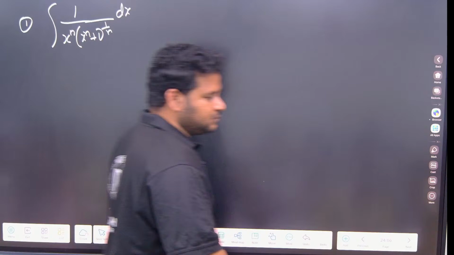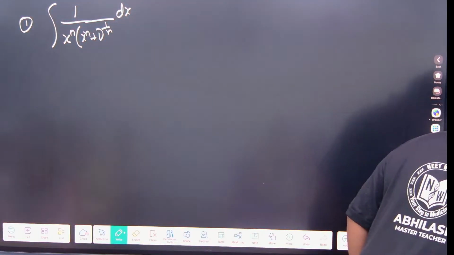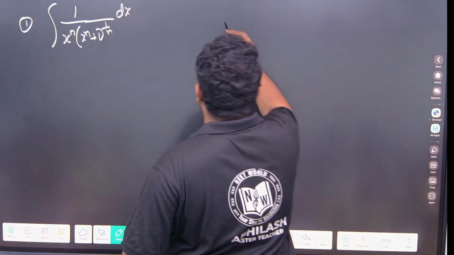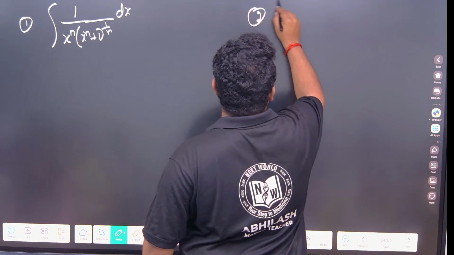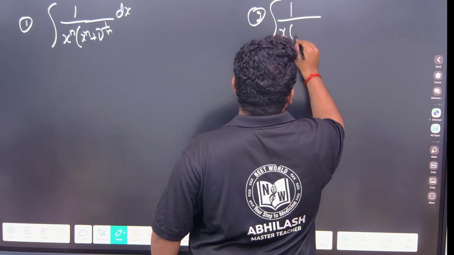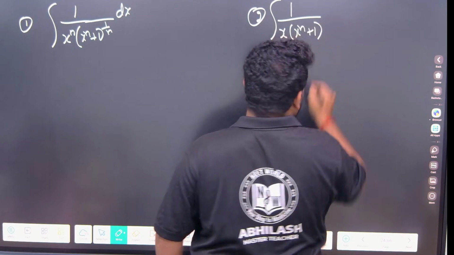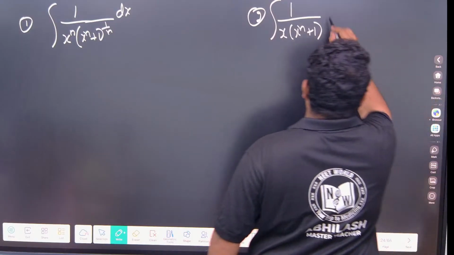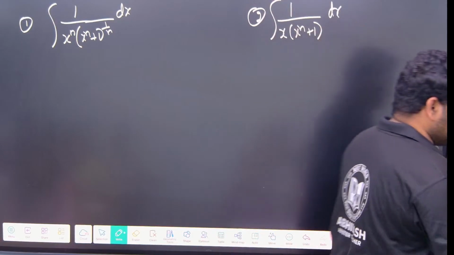This is one form. Another form, the second one, is integral of 1 by x into x power n plus 1 dx. This is what is given.